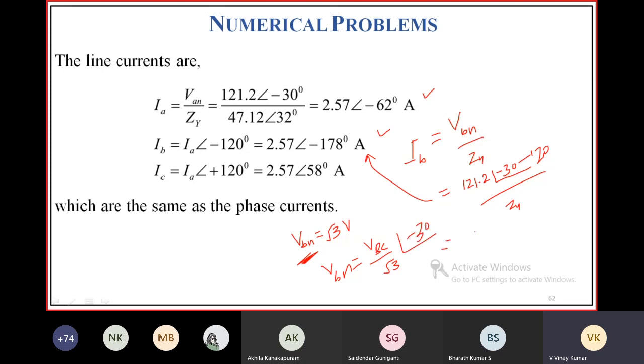This is equal to VAN, and we get VAN at an angle of minus 30 minus 120 degrees.